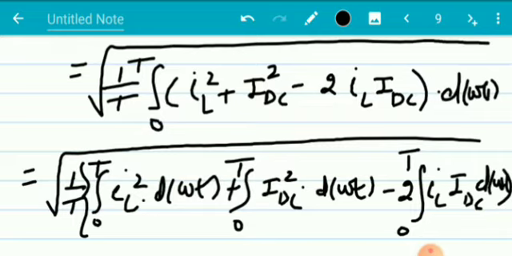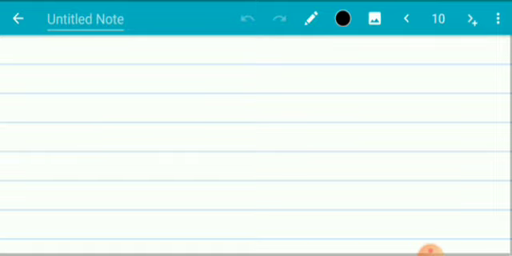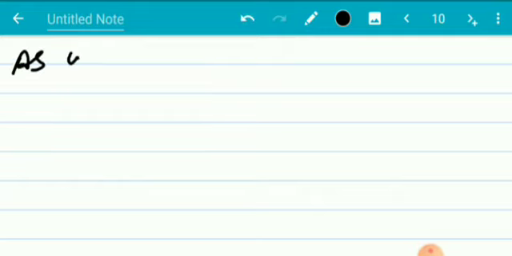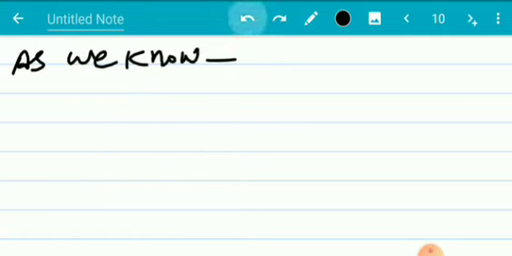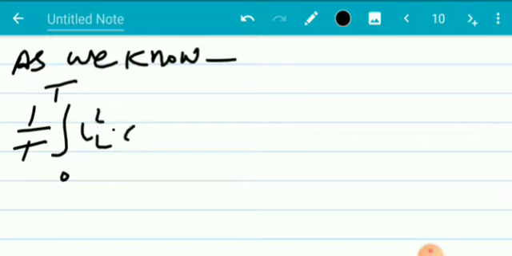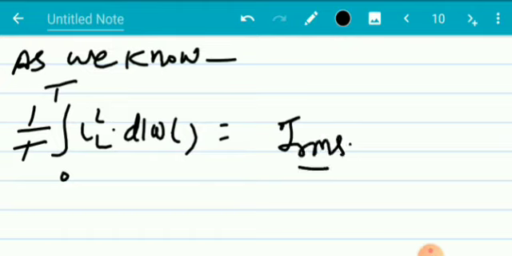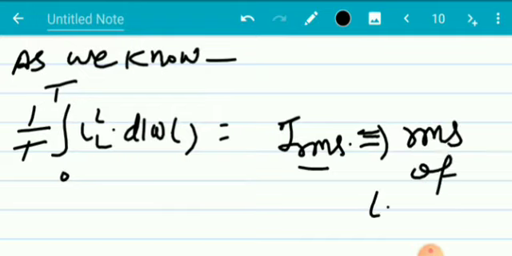Okay, now we will solve this further. As we know, 1 by T, 0 to T, IL square d omega t is known as IRMS, that is, the RMS value of the load current.